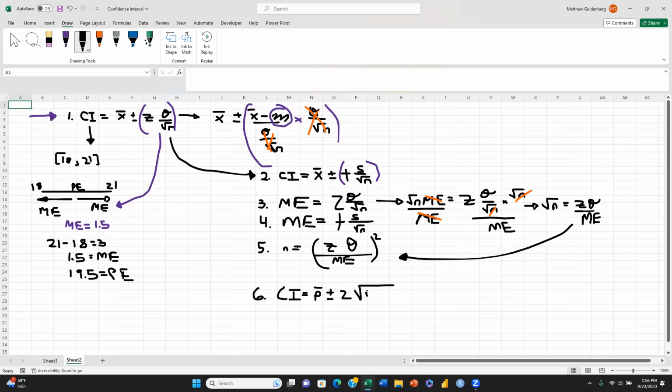And in this case, standard error is the square root of P bar times 1 minus P bar over n.